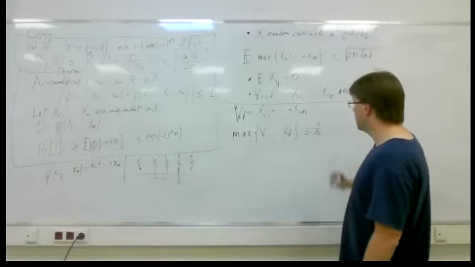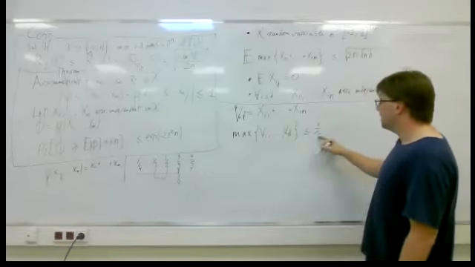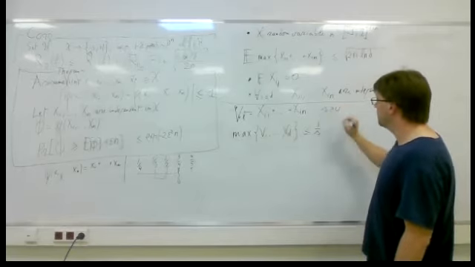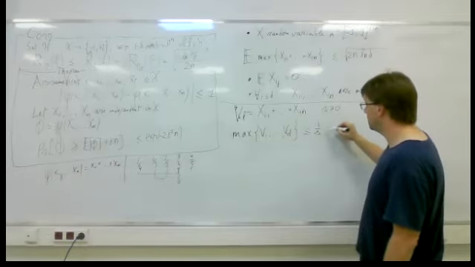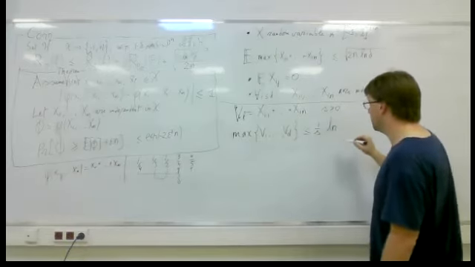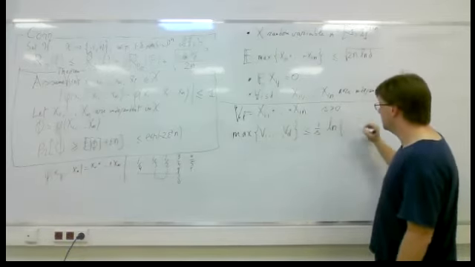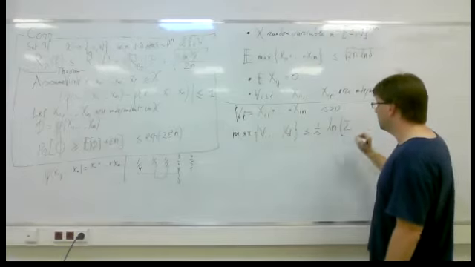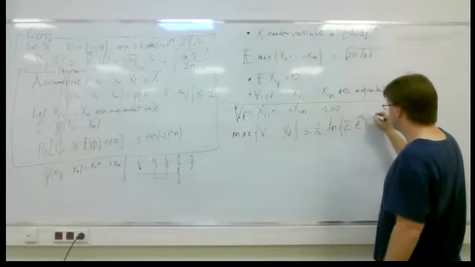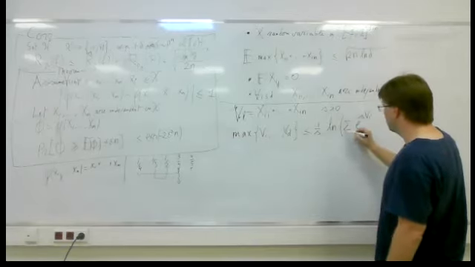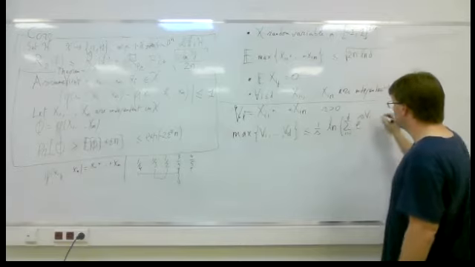So the softmax upper bound is defined for some s strictly bigger than 0, a real number. You can choose whatever you want, and we will choose it later in some optimal way. It is ln of the sum of e to the power s V_i, for i equal to 1 to d.